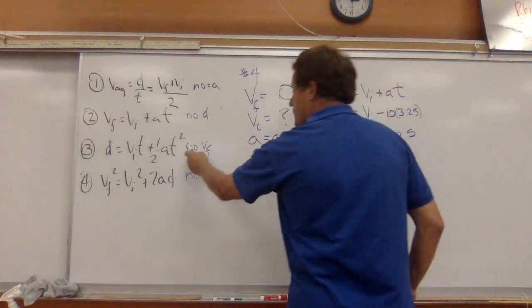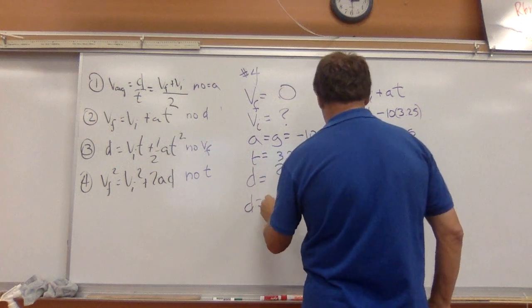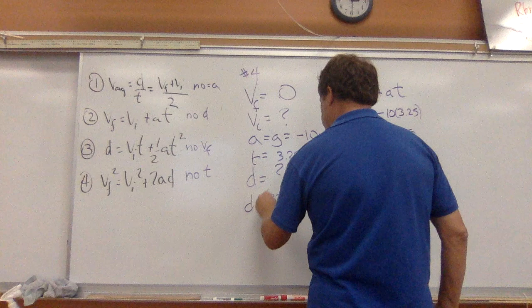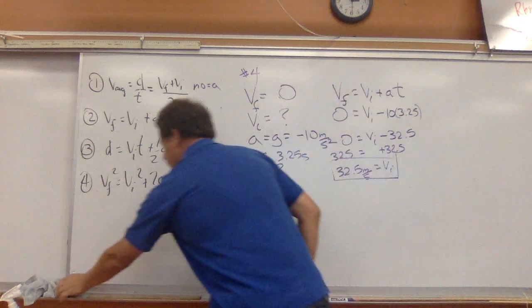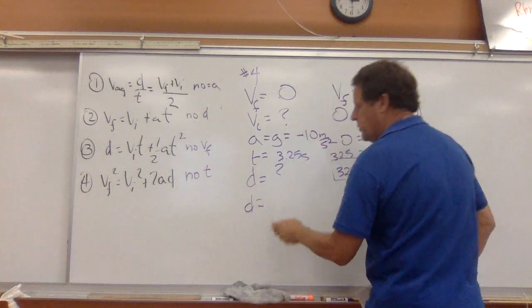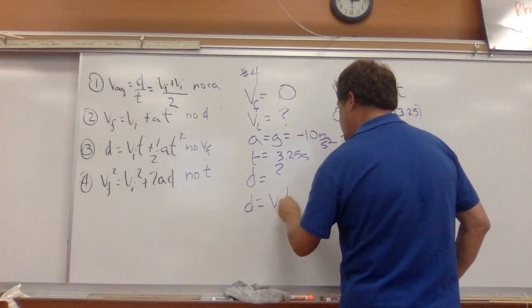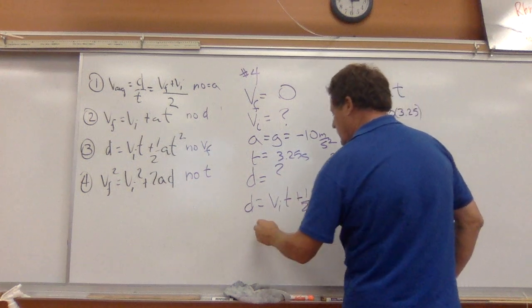But I'm going to use this equation right here: distance is equal to VIT plus 1/2 AT squared.